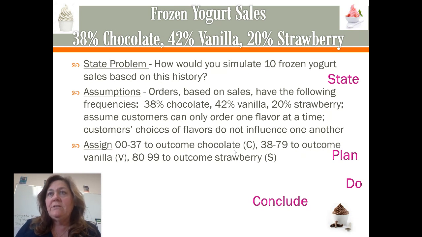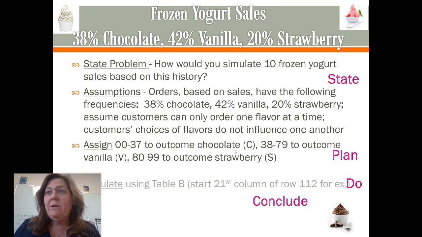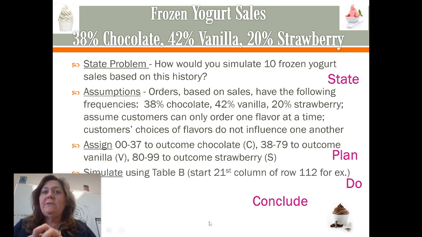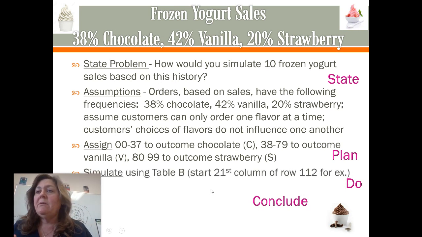Okay. So we're going to do 0 to 37. It's 2 digits. So we're going to start at 0 and get 38 2-digit numbers. And then 38 to 79 would be 42 more digits for vanilla. And then 80 to 99 would be our final 20 digits for strawberry. So then you go to table B, the random number table.